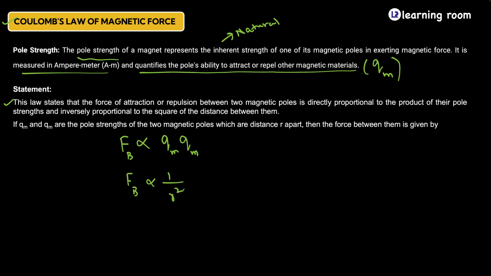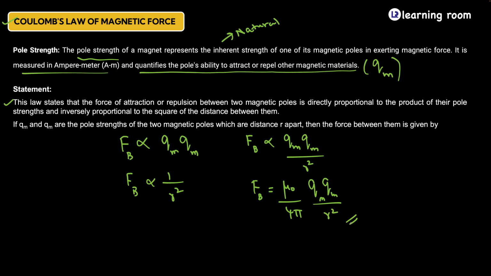So when you combine both, FB is directly proportional to QM into QM divided by R square, and FB will be equal to mu naught divided by 4 pi times QM into QM, the whole divided by R square.